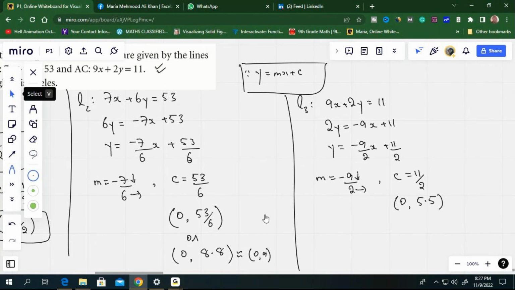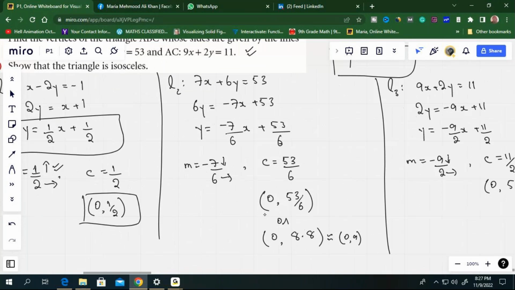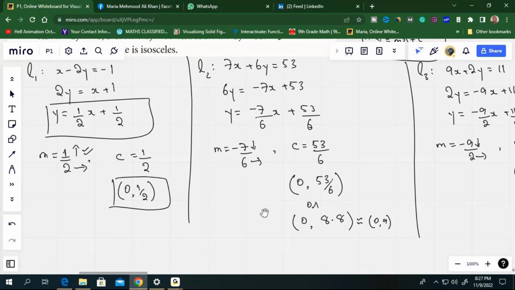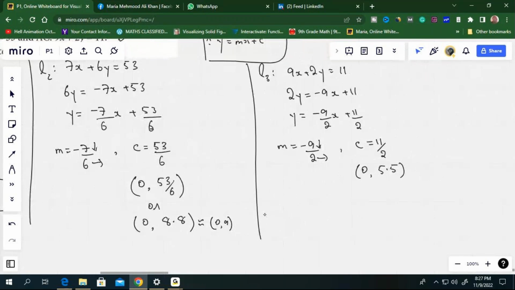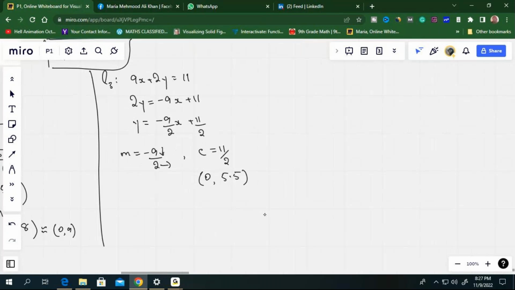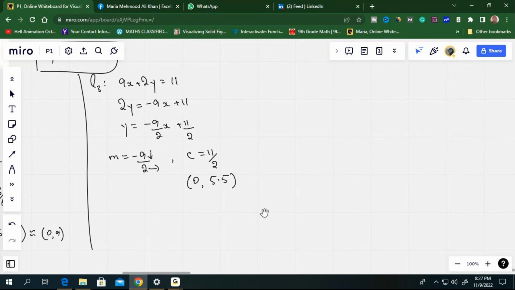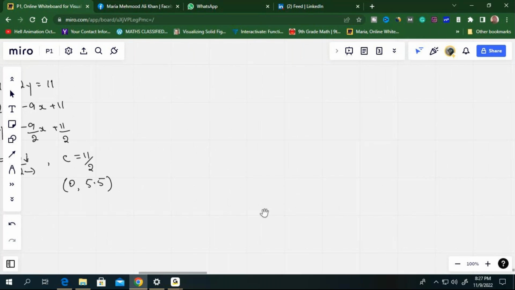So now what I'm going to do, I'm going to sketch these lines. Okay, so I'm going to take 20 units up, 20 units right, left. That's what I'm taking, and I can take half a centimeter equals 1 unit.